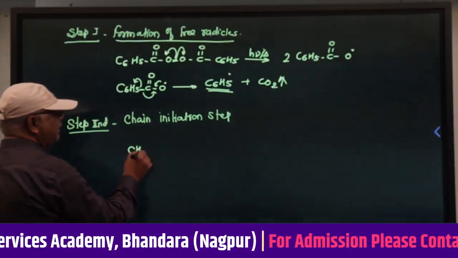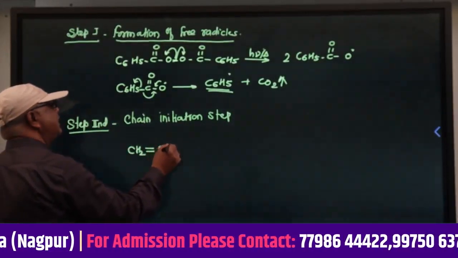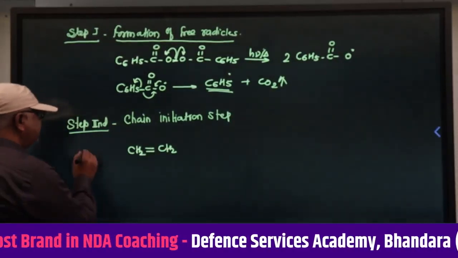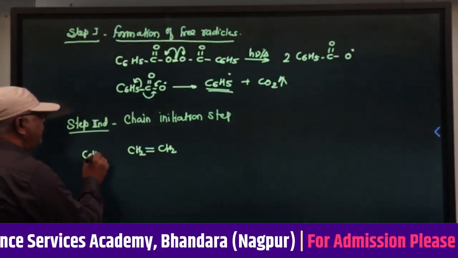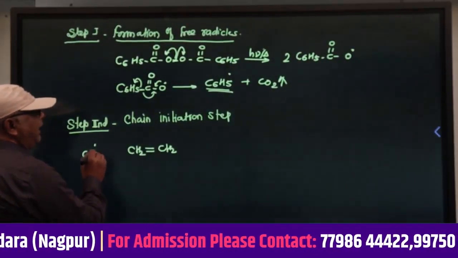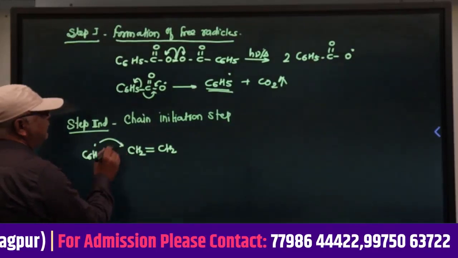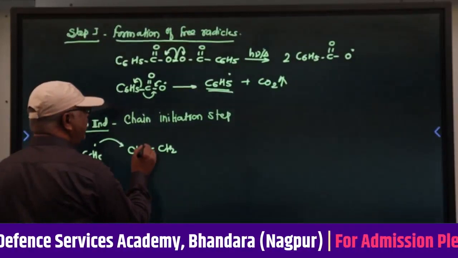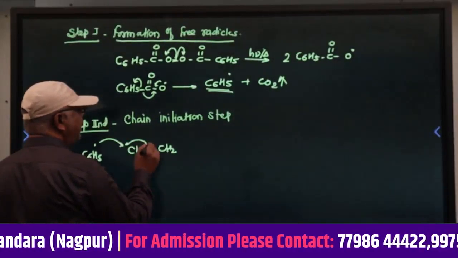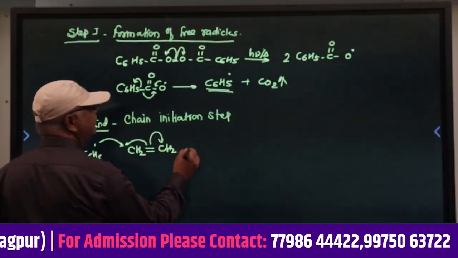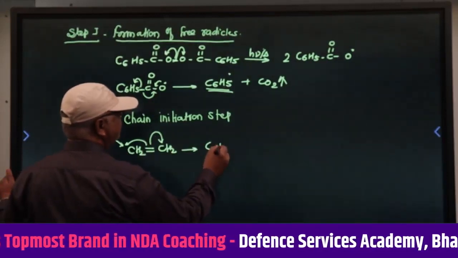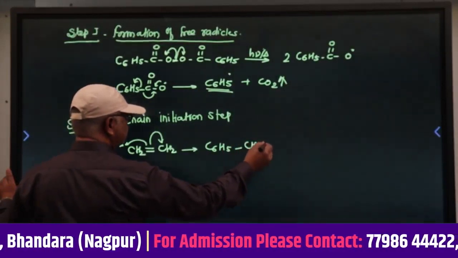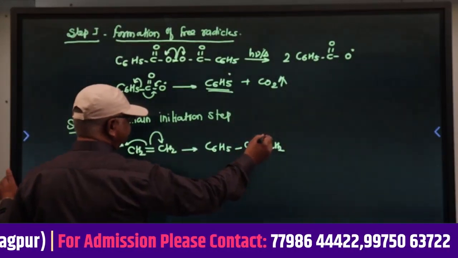Let us consider ethylene is the monomer, then this C6H5 free radical attacks on this carbon, and 1 electron from this can be shared with this and 1 electron remains here. So this becomes C6H5 single bond CH2 free radical.